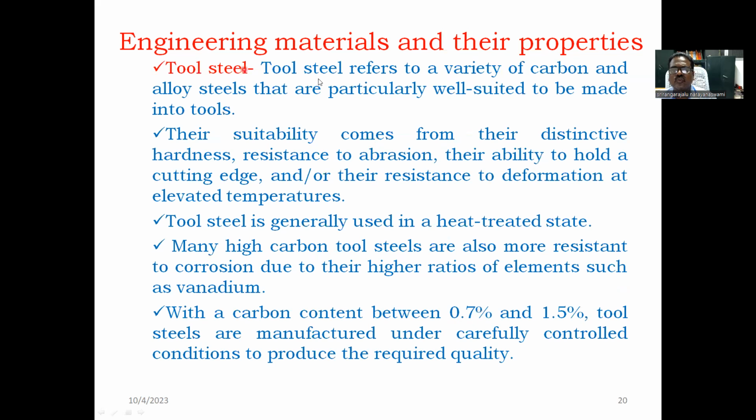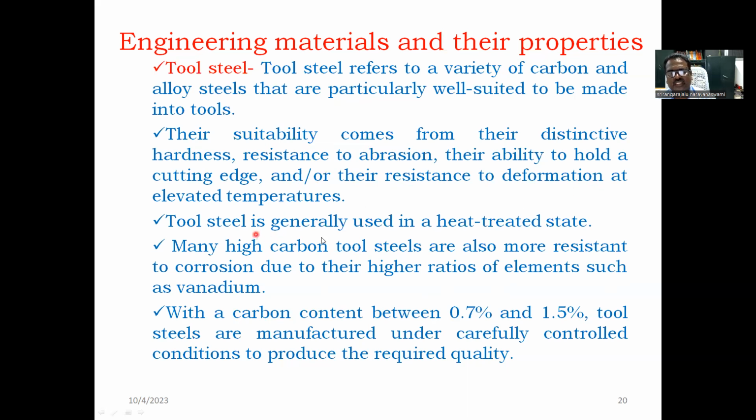Tool steel refers to a variety of carbon and alloy steels that are particularly well suited to be made into tools. Their suitability comes from their distinctive hardness, resistance to abrasion, their ability to hold a cutting edge, and their resistance to deformation at elevated temperatures.